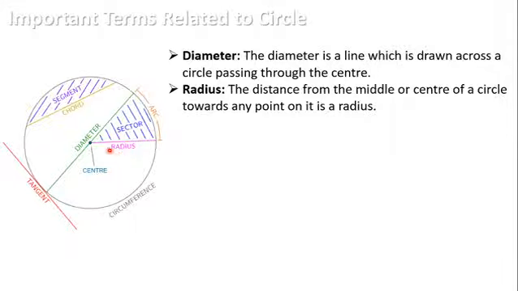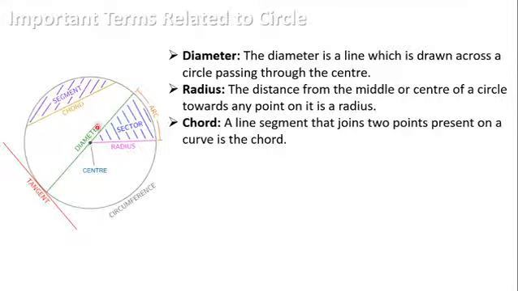All right, also we have the chord. The chord is a line segment that joins 2 points that are present on a curve. A chord is a line that joins 2 points that are present on a curve. So if you have a line that joins 2 points, like from here right now to this other part of the circle, without passing through the center of the circle, then that line is a chord.